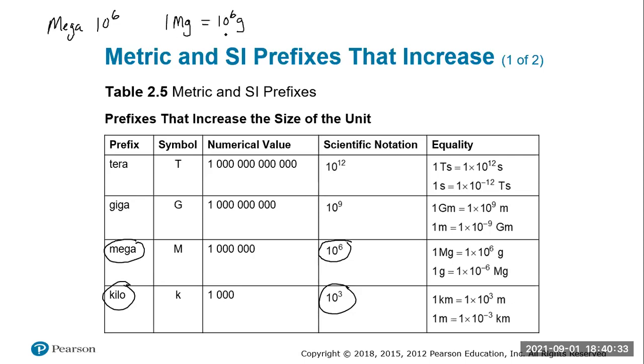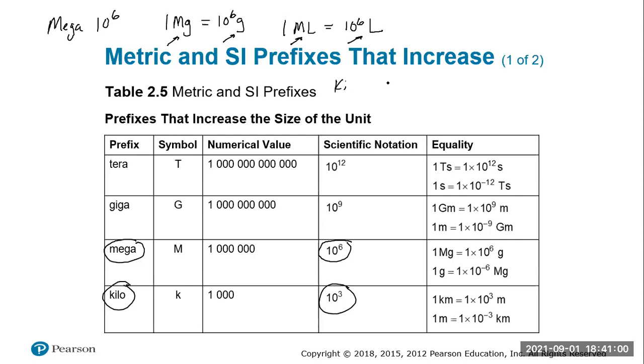Again, the base unit here is grams, and for one of the prefix units, there's 10 to the 6 grams. If I had 1 megaliter, that would be 10 to the 6 liters. Again, prefix unit, base unit, and it's very common people will move it and do it in reverse.